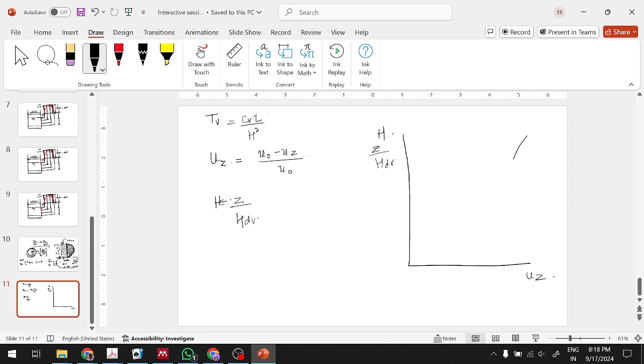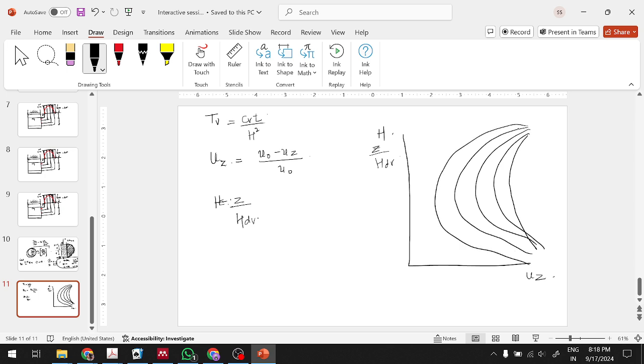And then you will have these charts for different TV. For example, TV equals 0 is here, TV equals 0.1, 0.2, 0.3, 0.4, like this, and then TV equals 1.